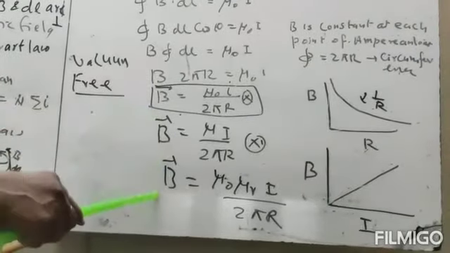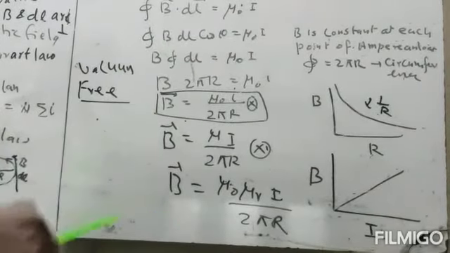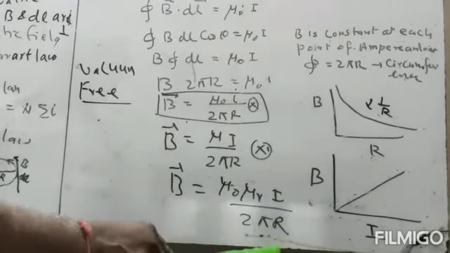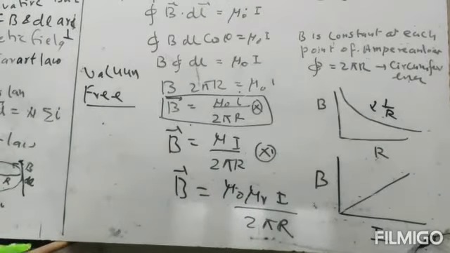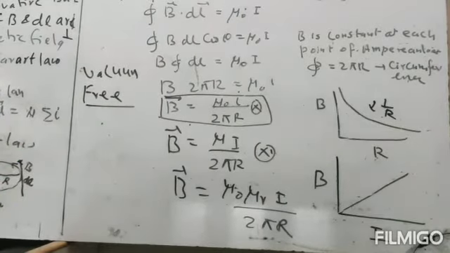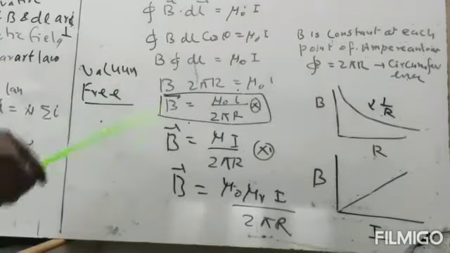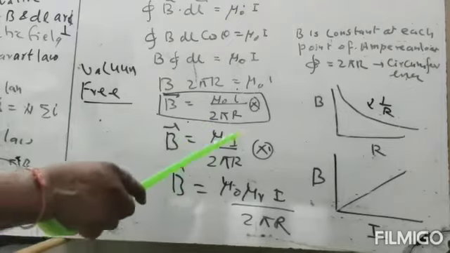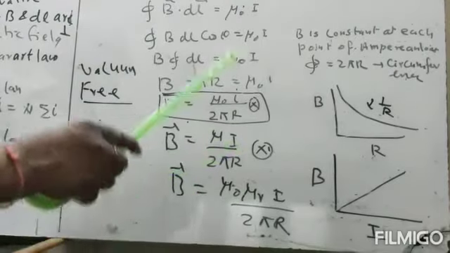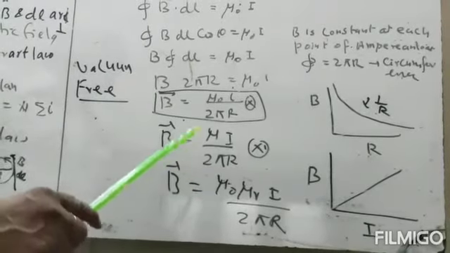So in this way, we can find the magnetic field of an infinitely long conductor carrying current I. The magnetic field depends upon two factors: it is proportional to the current, and inversely proportional to R. Means as the distance from the conductor increases, the magnetic field decreases.